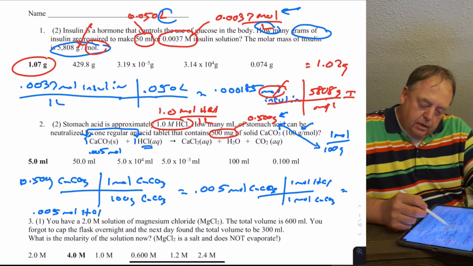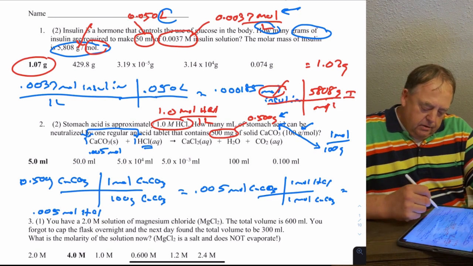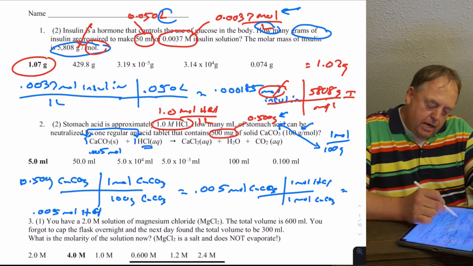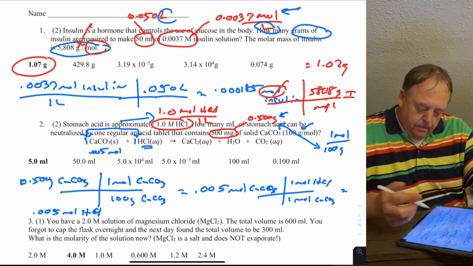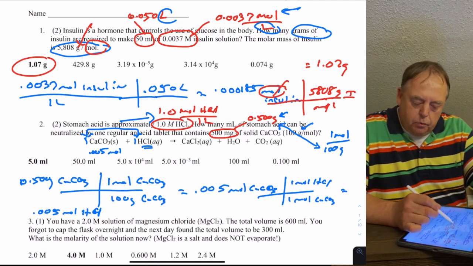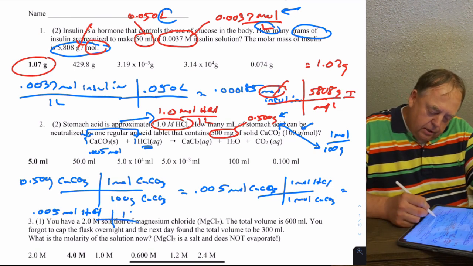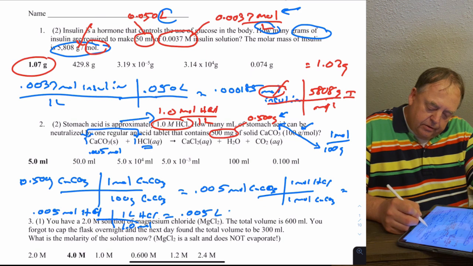But then the question asks for how many mils of stomach acid can be neutralized. So we need to convert that moles to a volume, and you do that by using the molarity, because molarity is moles per liter. But here we have moles on top, and molarity is moles on top, so we need to invert the molarity. So we multiply this by 1 liter of HCl over 1 mole, which means you need 0.005 liters.